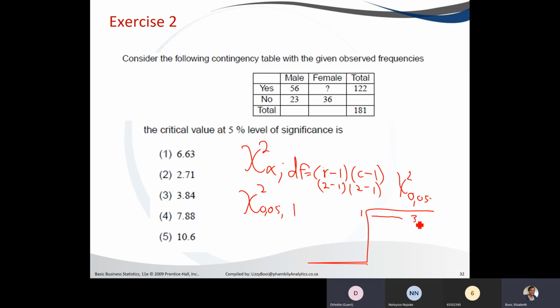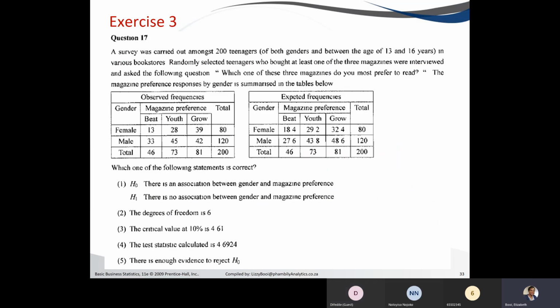Where they meet, it has 3.84. That's how you answer the questions on the chi-square test. The last question, how to reject the null hypothesis, is for you to find out on your own. Those were the 3 questions from your assignment.